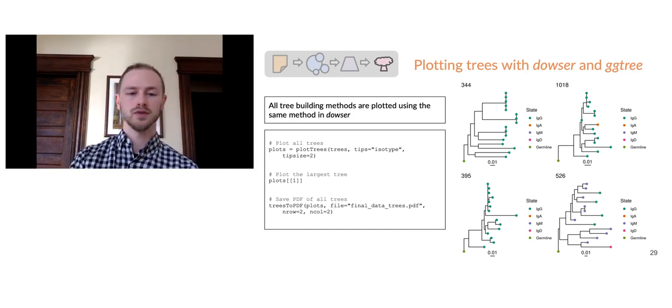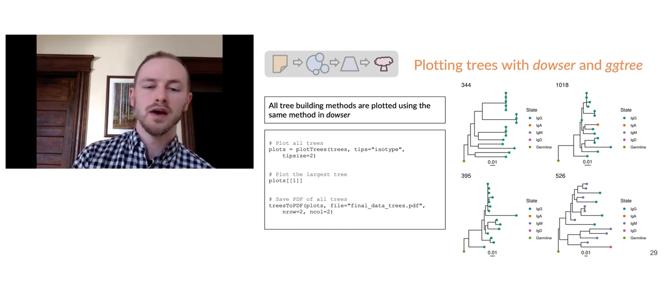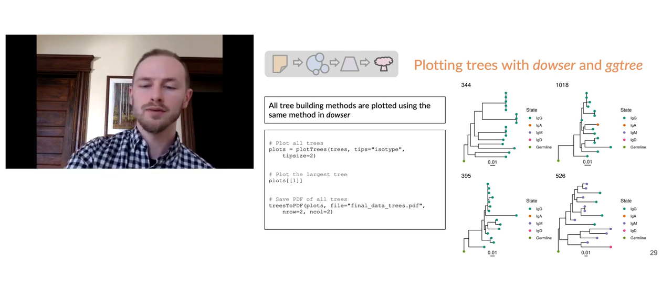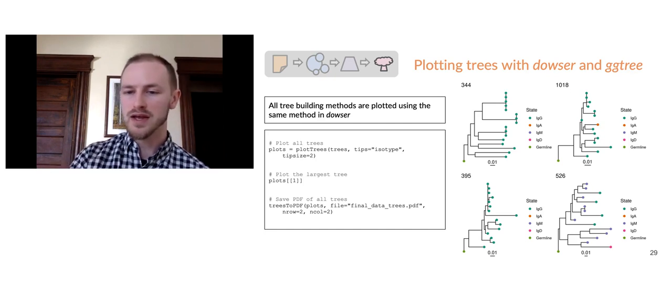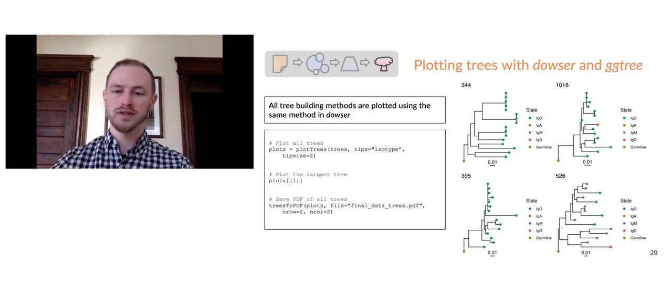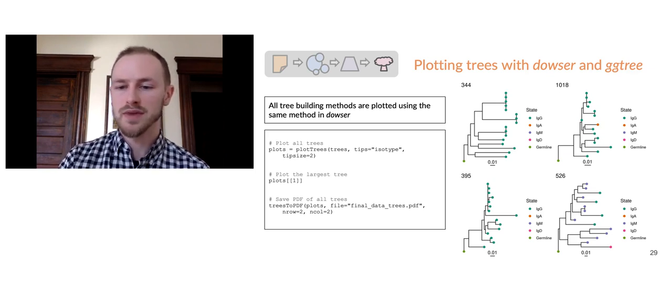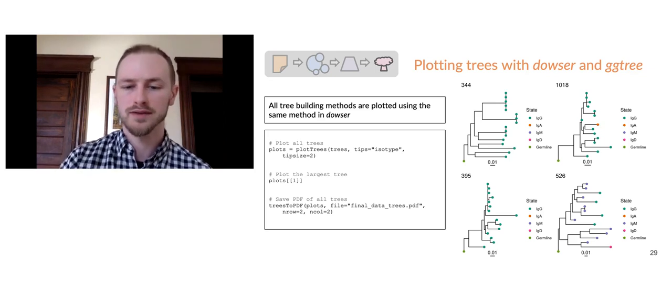If you use the treesToPDF function and specify the file that you want to output and the number of rows and columns you want, it will make a nice PDF with all of the trees within your database with the specified number of trees per page. So this is the first page of what that output will look like when running these commands.